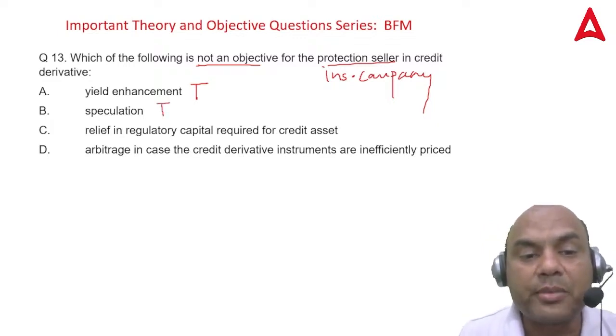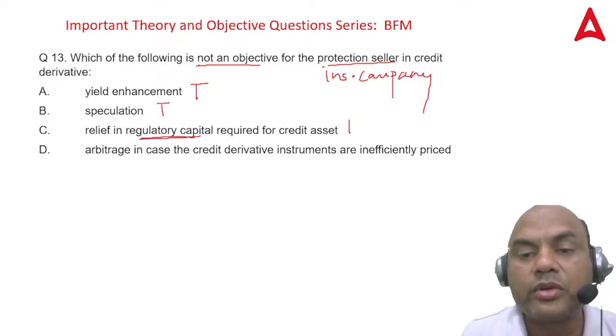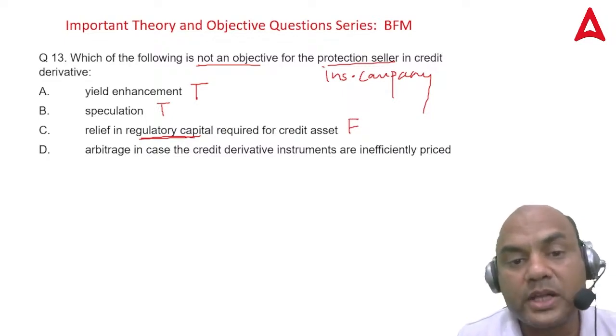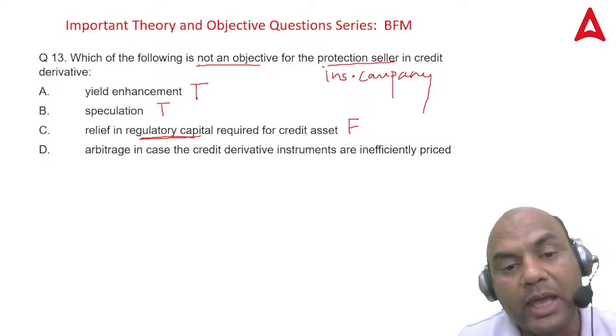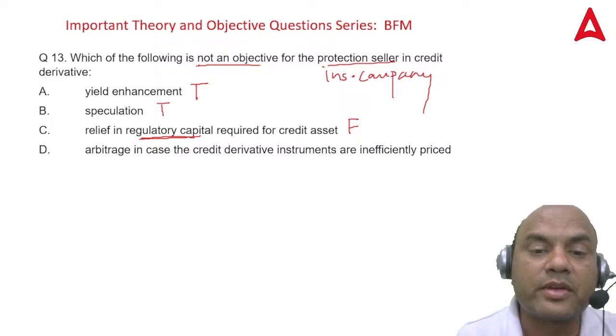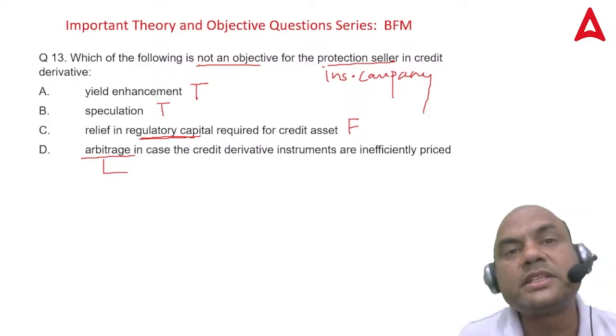Relief in the regulatory capital, this is false, because regulatory capital is a part of protection buyer. It is a duty of protection buyer. So this is the objective of protection buyer or the bank. So this is false. Arbitrage in case of credit derivative, that is true, because arbitrage is an important word. Arbitrage, this is required for each and every company.